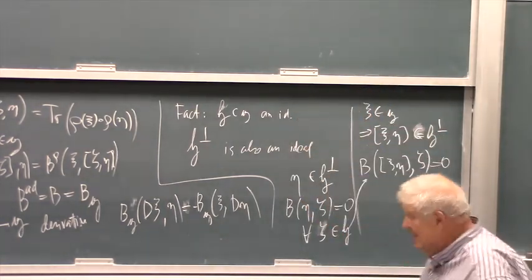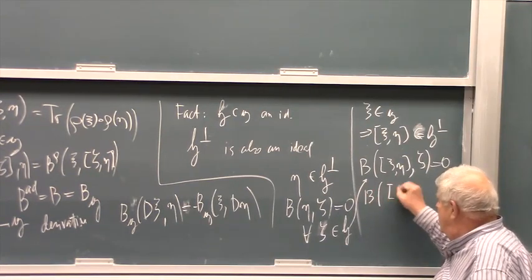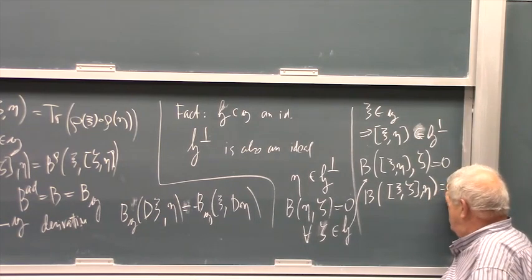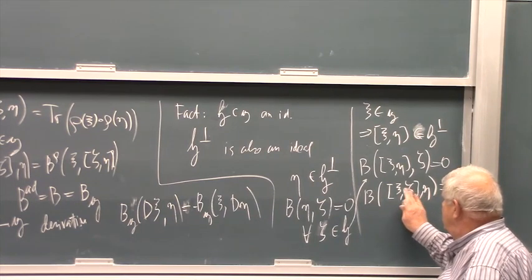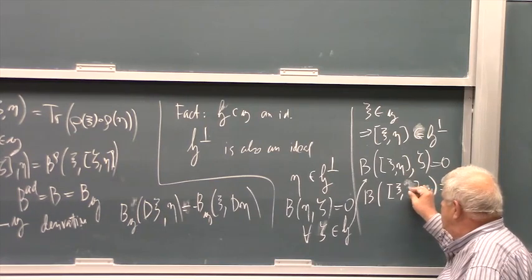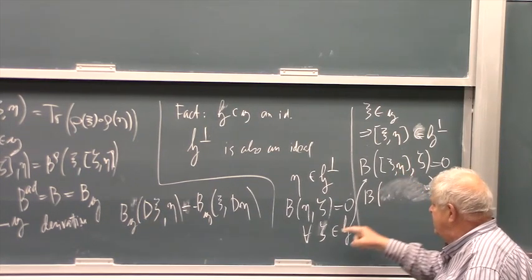But this is the same as B(xi, [eta, zeta]), which is 0. What is in H? In H is zeta.